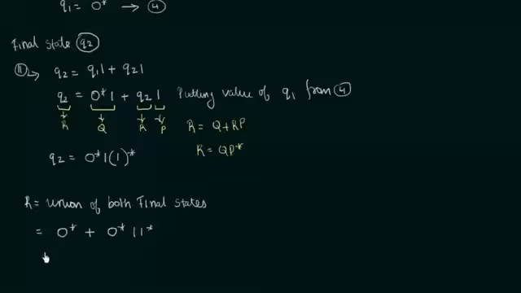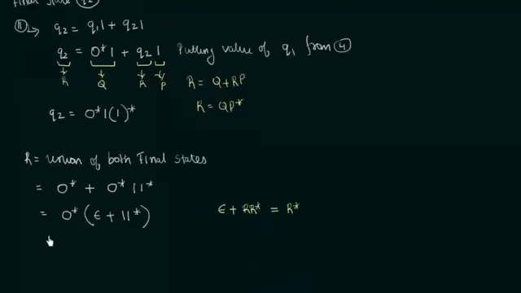Now let us further simplify this. From here I see that 0 star is common, so let me take 0 star common from this expression, and I get epsilon plus 1 1 star. Also, in our identities we studied that epsilon plus R R star is equal to R star.